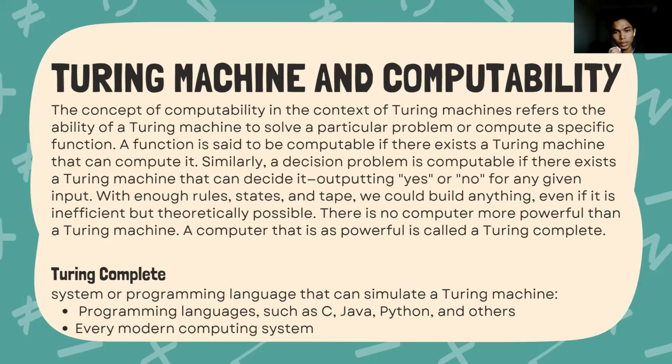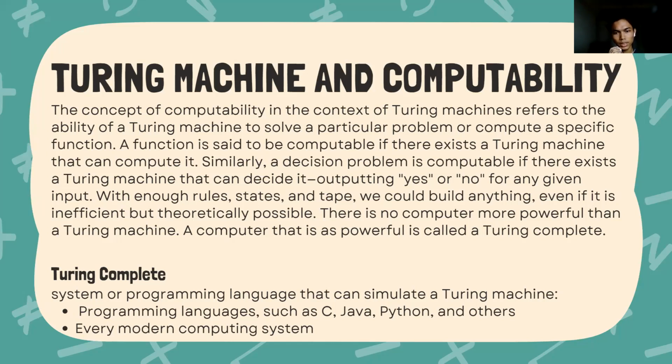A function is said to be computable if there exists a Turing machine that can compute it. Similarly, a decision problem is computable if there exists a Turing machine that can decide it, outputting yes or no for any given input. With enough rules, states, and tape, we could build anything, even if it is inefficient but theoretically possible. There is no computer more powerful than a Turing machine.